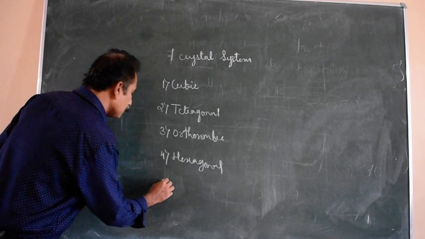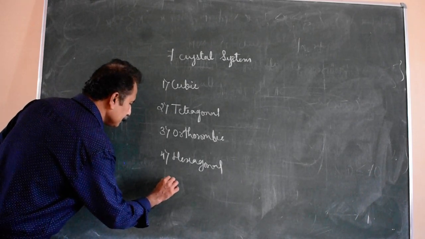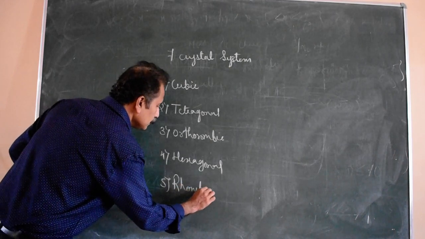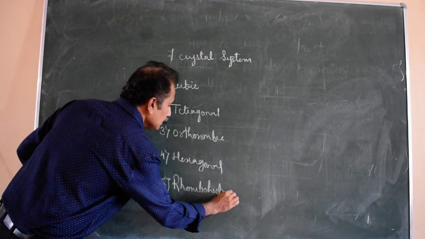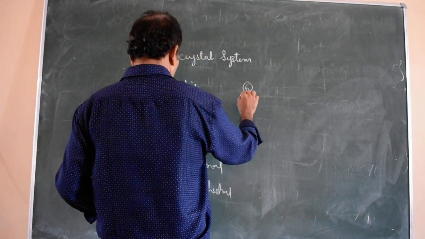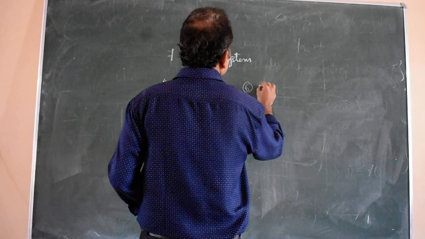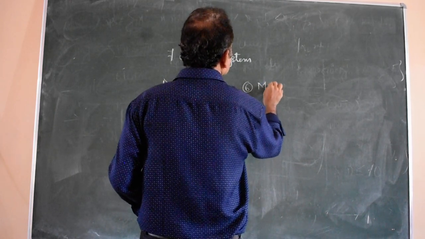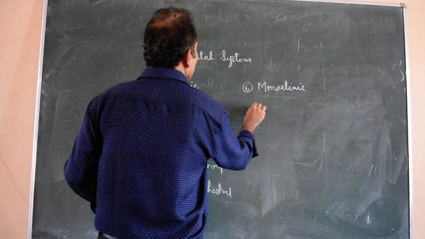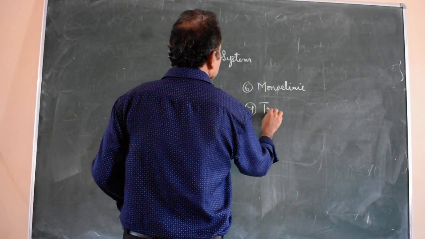Then comes rhombohedral. The sixth one is monoclinic, and the seventh one is triclinic.